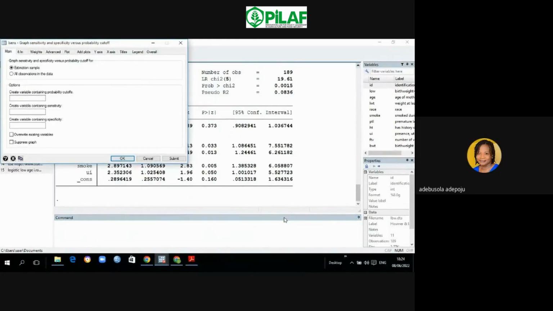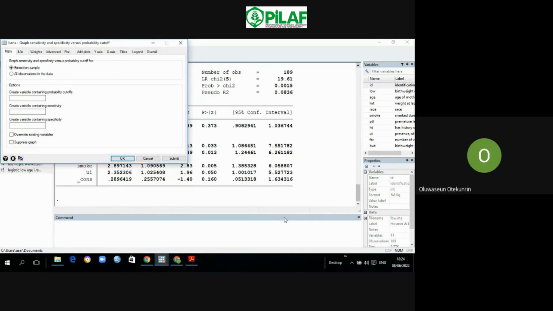When you click that, you see that window coming up: lsens, graph sensitivity and specificity versus probability cutoff.